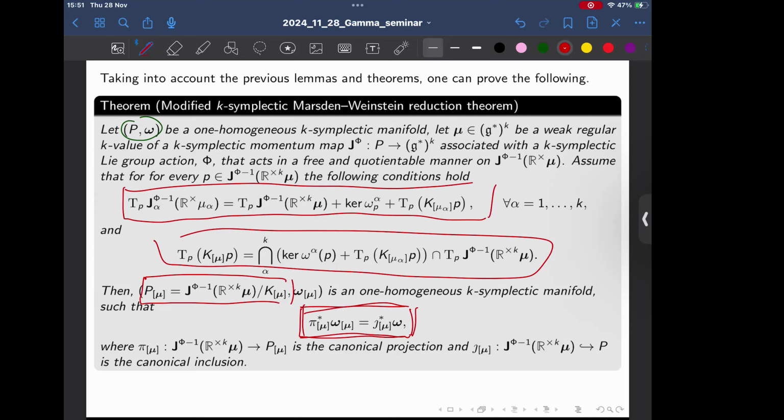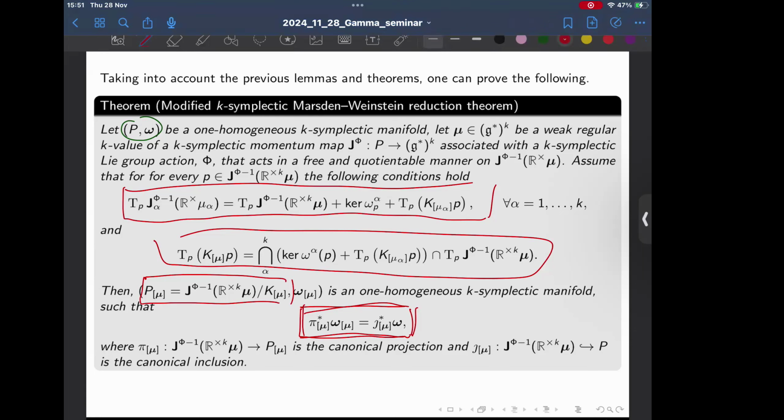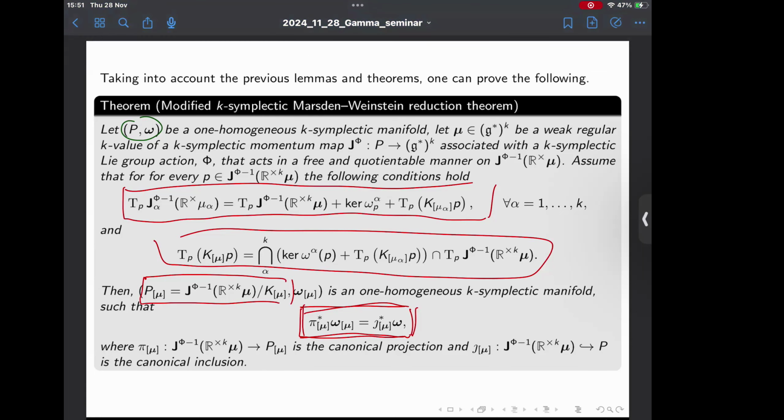Okay, so now you may ask how it is connected to the k-contact setting, and let me explain it in a moment.